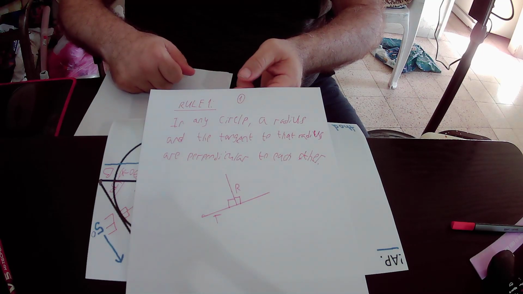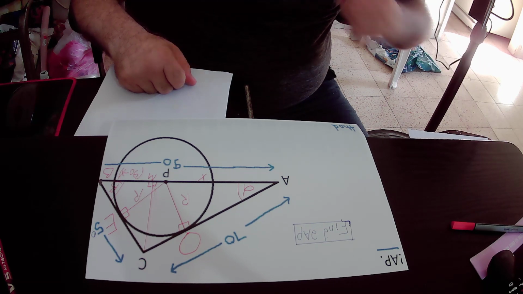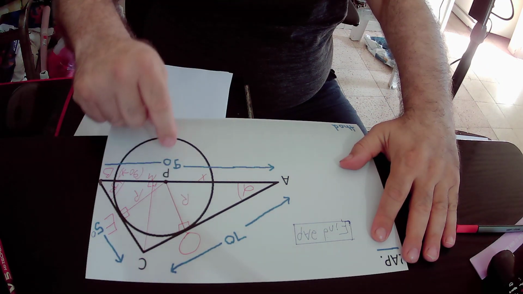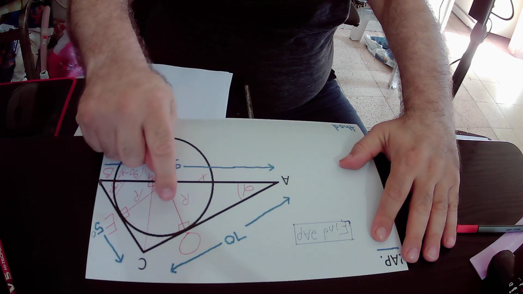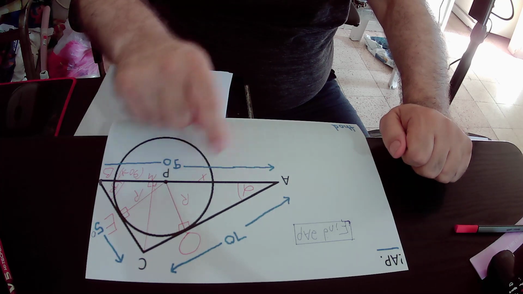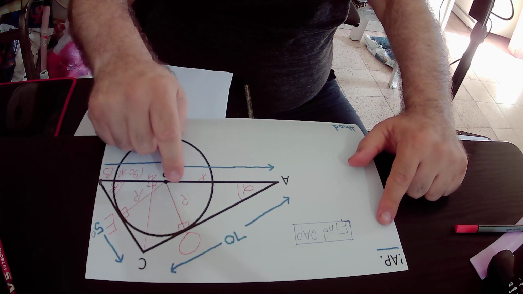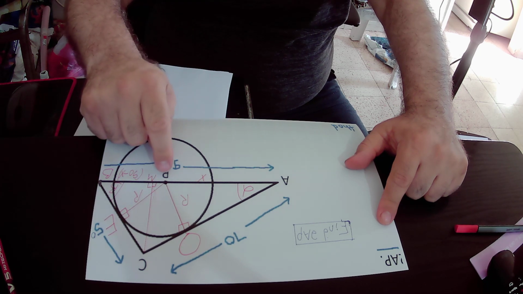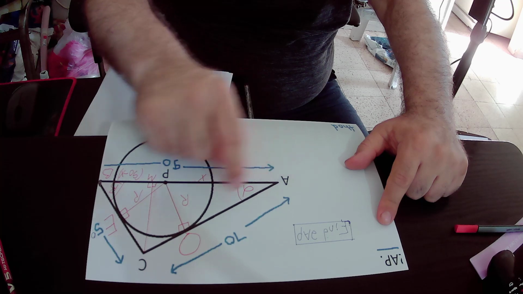So we can implement this rule in our circle, because we have radius OP and tangent AC to the radius. For this reason, according to rule number 1, the radius is perpendicular to the tangent. So PO is perpendicular to AC.